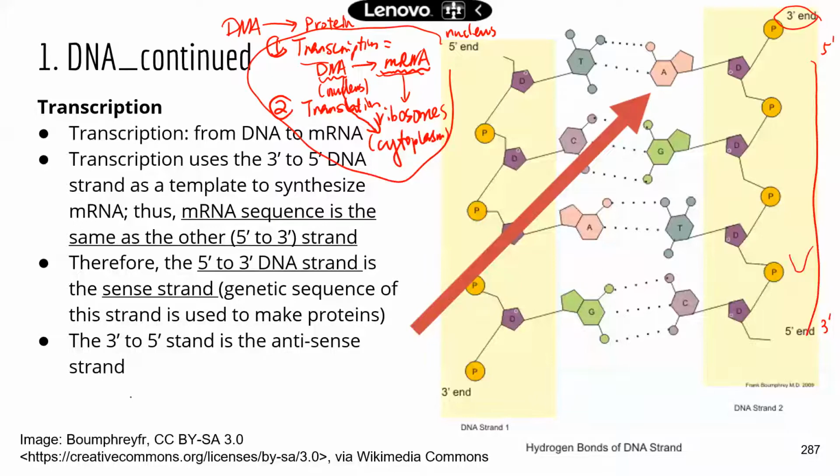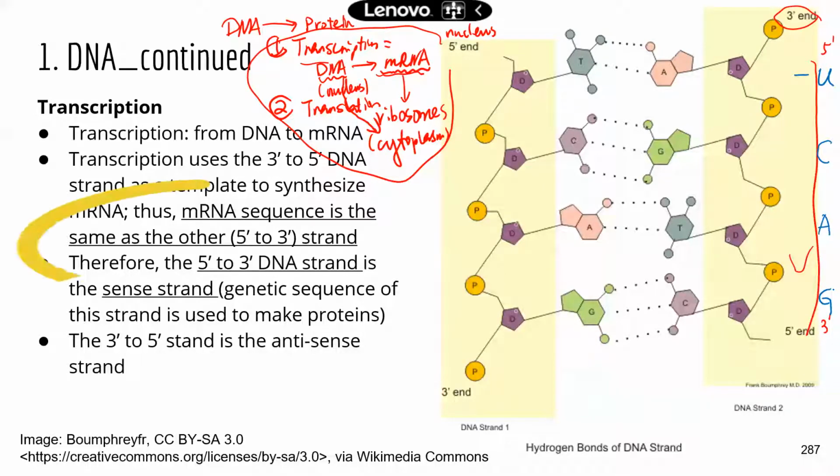But remember, in mRNA, there's no T, right? In RNA molecules, there's no T. So instead, A is going to pair with U. So the first nucleotide is going to be U. And then G pairs with a C, right? The second nucleotide in mRNA is going to be C. T pairs with A, and C pairs with G. So this is going to be the sequence in this particular segment of mRNA.